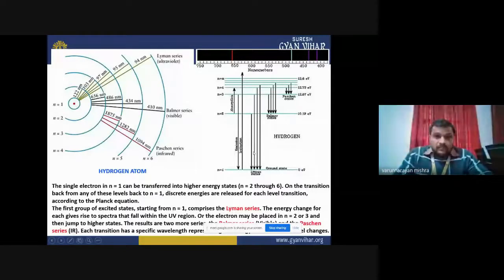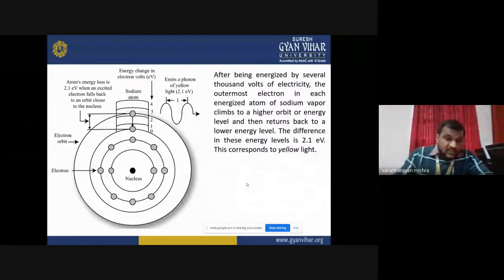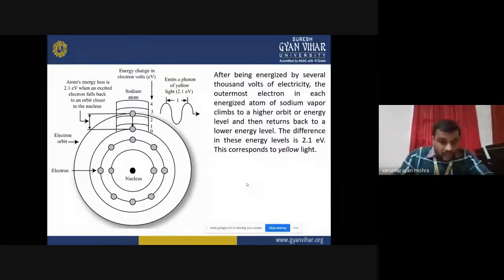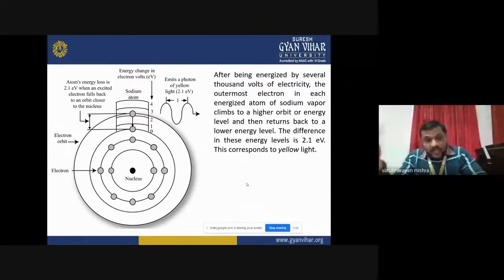Okay, so this is the way we can describe the process of the emission of different radiation by an object. Okay, in the nucleus, we know that we have protons and neutrons, and electrons revolve around the nucleus, and after supplying a certain energy to the electrons revolving around the nucleus, they get excited and reach the higher energy state.